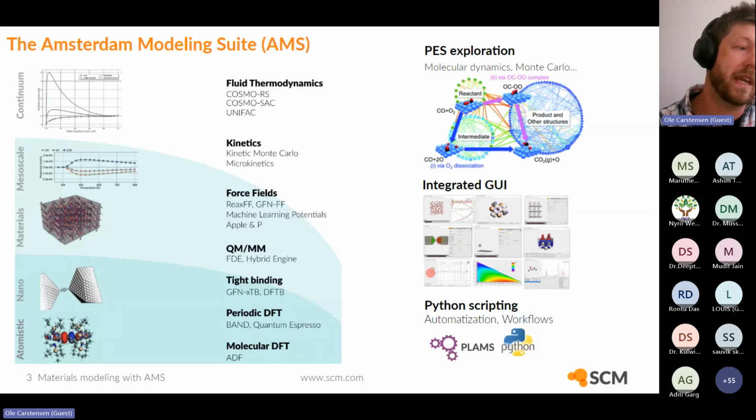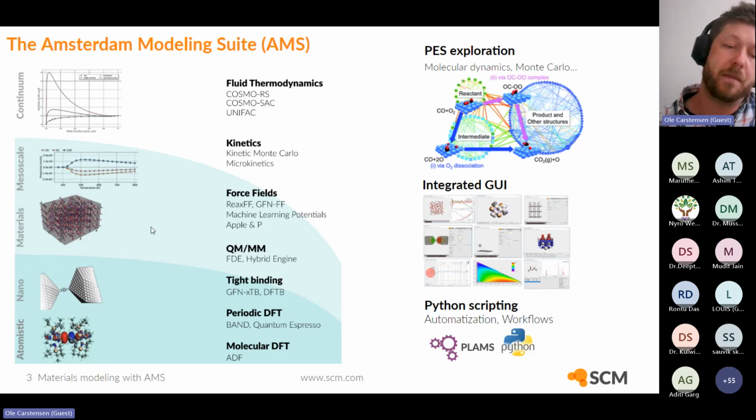And there are ongoing efforts to even extend these tools into reactor modeling, a fluid dynamics reactor modeling kind of scale. This is also taken on in collaboration projects with industry at the very moment. So if you're interested in such things, I suggest having a look at our website. There you can see all the latest collaborations and projects ongoing.